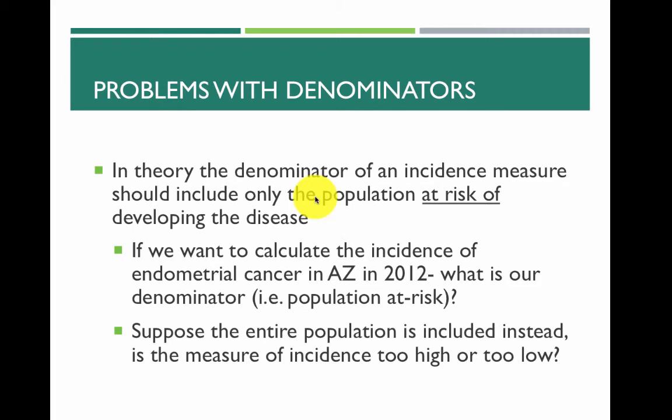Would our measure of incidence that we calculate be too high or too low? So the answer is that it would be too low, because if we use the entire population in Arizona, the denominator is too big. And so if our denominator is too big, then our overall rate gets smaller.